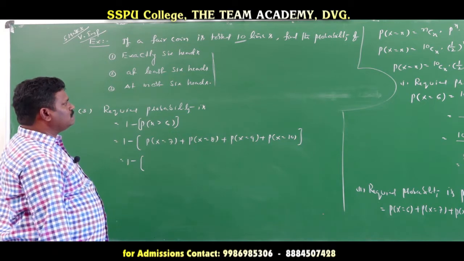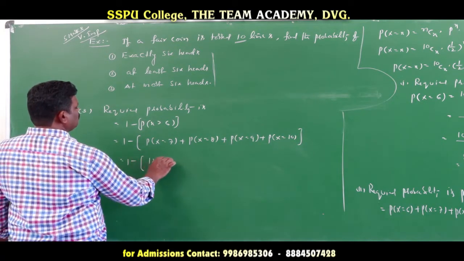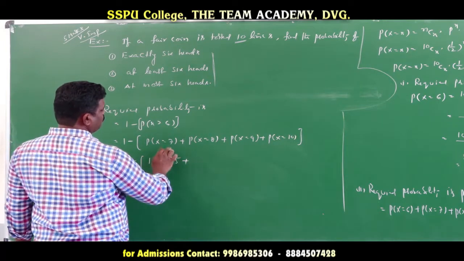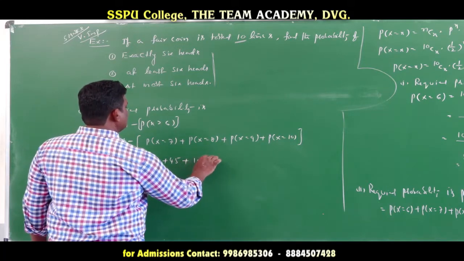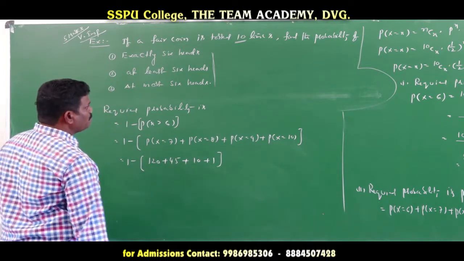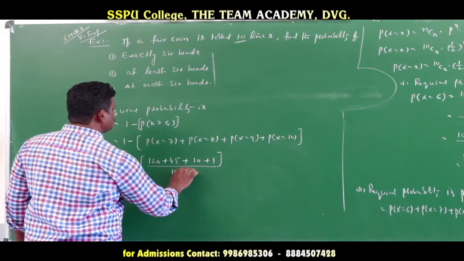Then what there? 10c6 except 10c6 means 110. This value is equal to 110. This value is equal to 45. And this value 110, this value is equal to 45, then this value is equal to 10, this value is equal to 1. Then we have 1 by 2 power 10 common there, and dividing, this total value is equal to 1024 there.